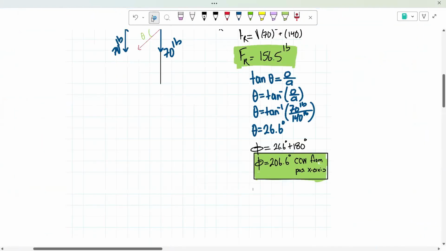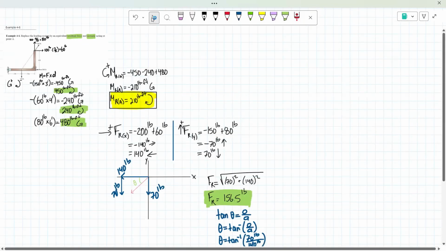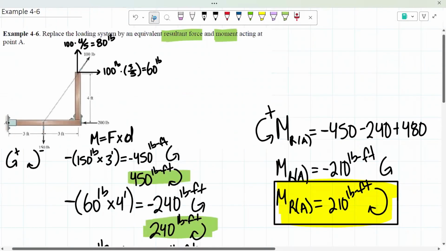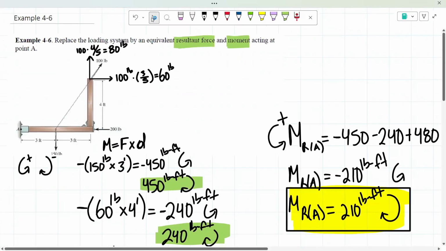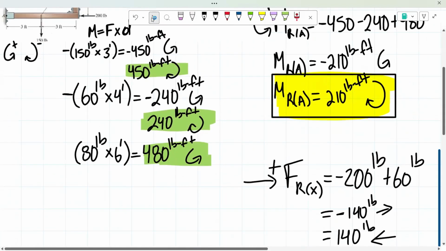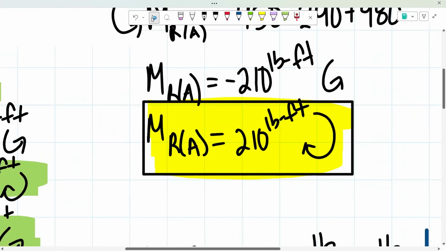So remember, this example was asking us to replace the loading system by an equivalent resultant force and moment. So the first thing that we did was we found the equivalent moment that was going to be acting about point A, which we found to be 210 pound-feet acting clockwise at that point.